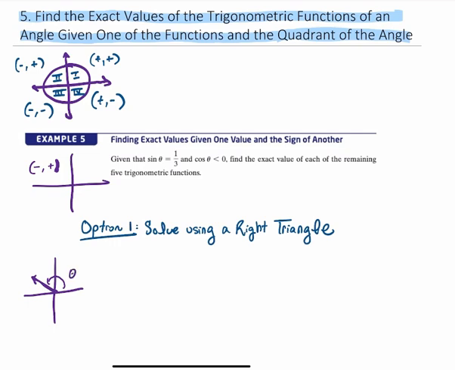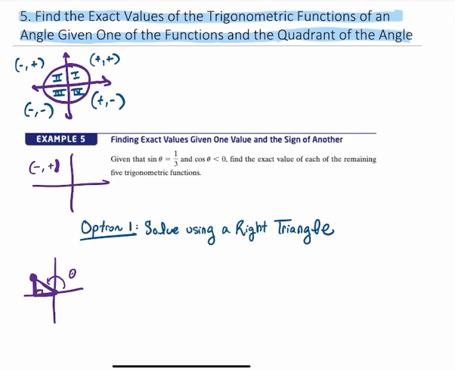We can imagine building a triangle that would look something like this by dropping down a vertical line and building out a horizontal line. And if we can find out the side lengths of this triangle, we can think about what the trigonometric values would be. We can solve it using right angle trigonometry.